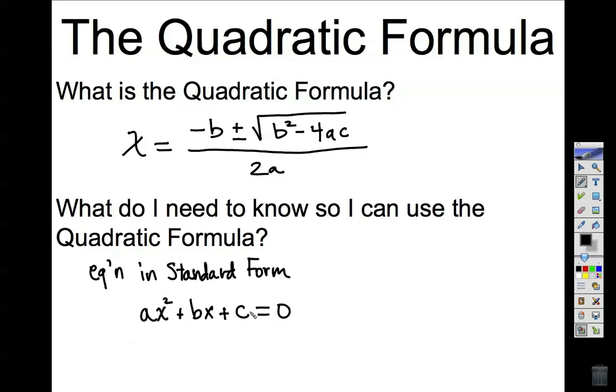All your terms are going to be on the left side of the equation. That way the right side is 0, or vice versa. The left side can be 0 and then the right side can be all the terms.